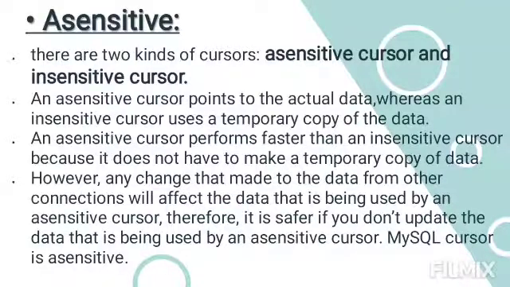Therefore, it is safer if you don't update the data that is being used by a sensitive cursor. MySQL cursor is insensitive. You can use MySQL cursors in stored procedures, stored functions, and triggers.